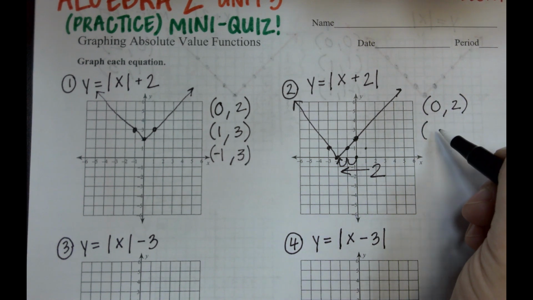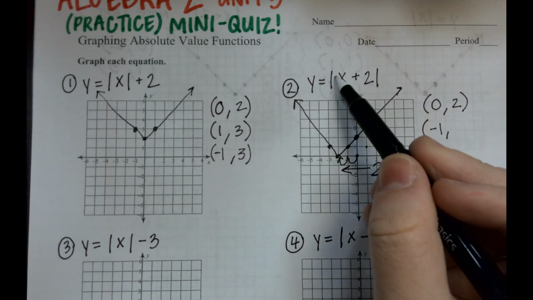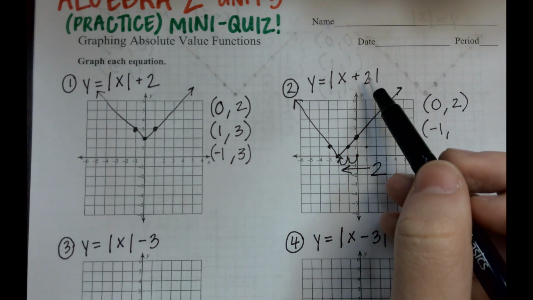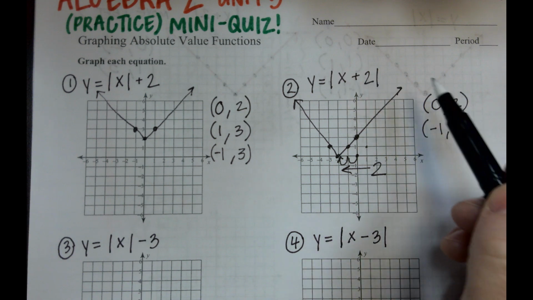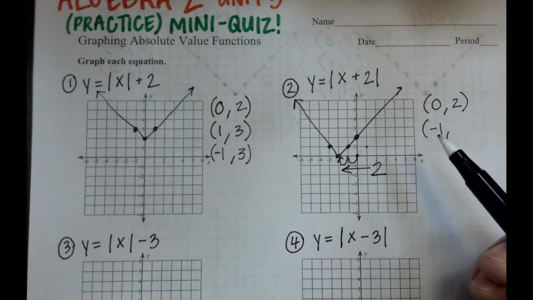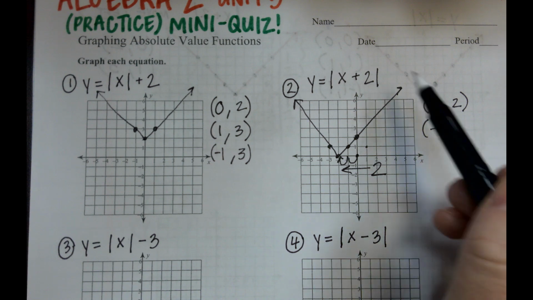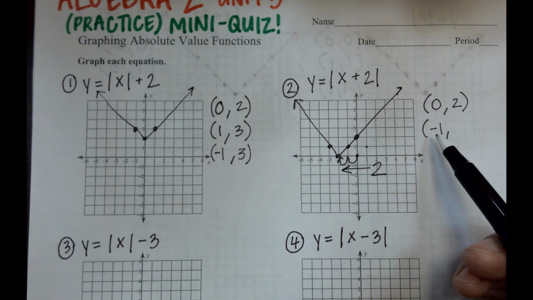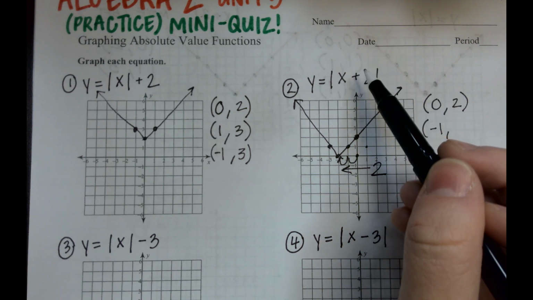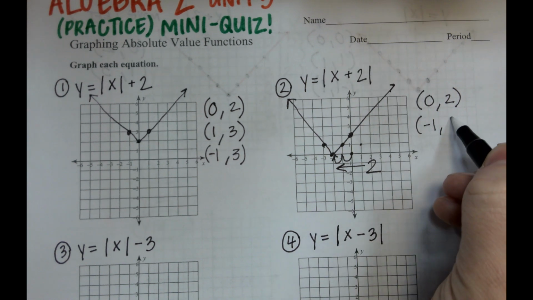If I try -1, what's -1 plus 2? Wait, I'm lost. So we're plugging in -1 for x. -1 plus 2 is 1, and then the absolute value of 1 is 1.